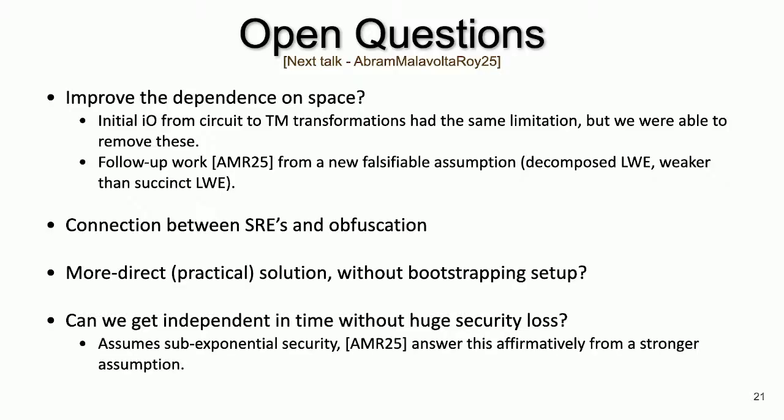Follow-up work, again, does this from a stronger assumption than in our work. Where is the security loss? So our transformation can only be done a constant number of times. But if you do it slightly more than constant and set your security parameter to log lambda or something, it's cheating, I would say.